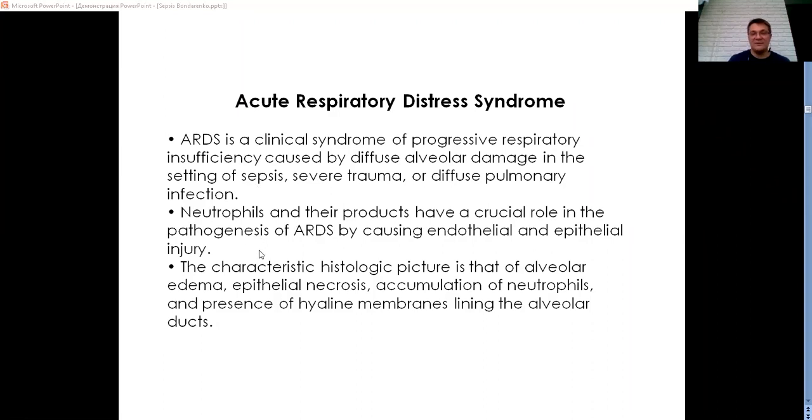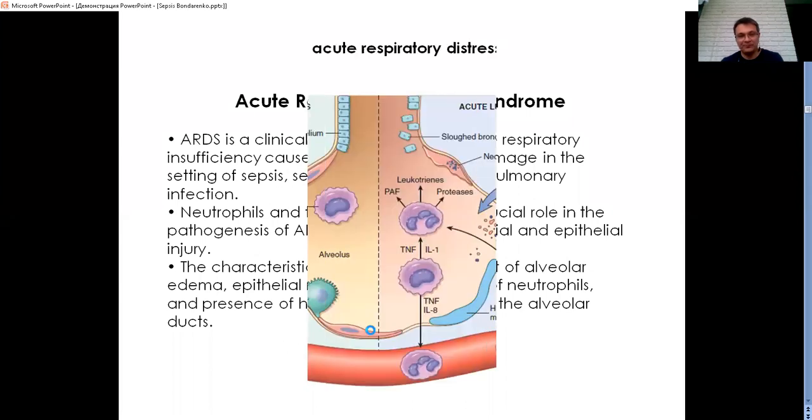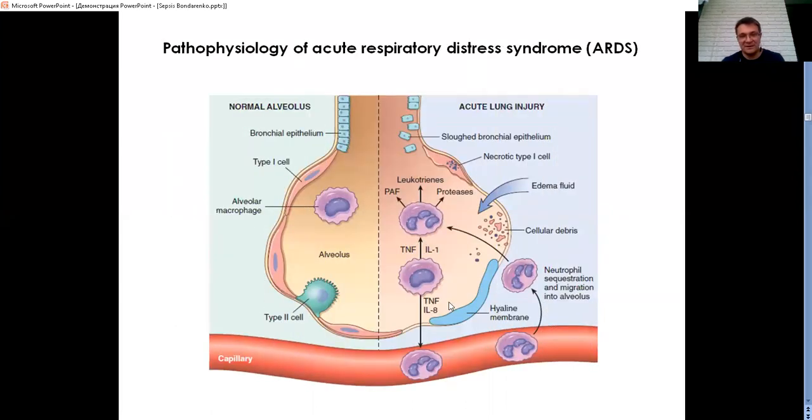Neutrophils and their products have a crucial role in the pathogenesis of respiratory distress syndrome by causing endothelial and epithelial injury. And the characteristics you may see on the histological picture. That's the schematic of the development of acute respiratory distress syndrome.